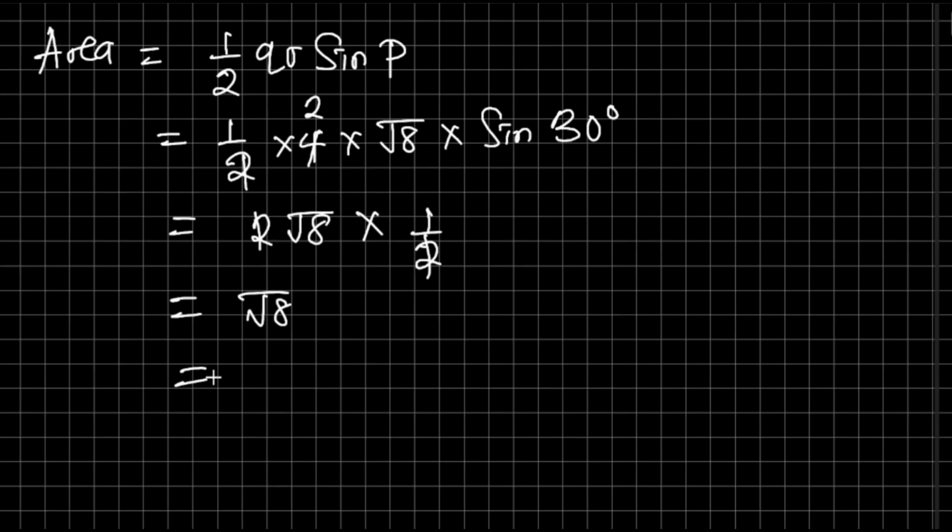Now what was root 8 again? Square root of 8 is 2.82, so approximately 2.8 meter squared. That's the answer, guys.